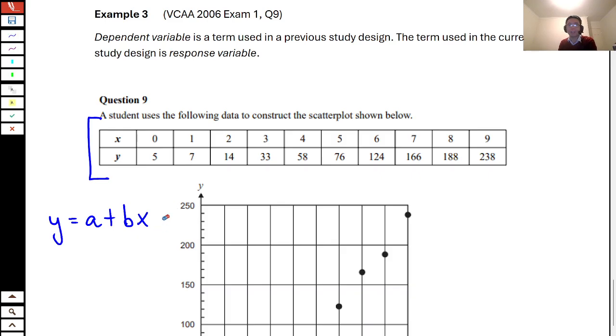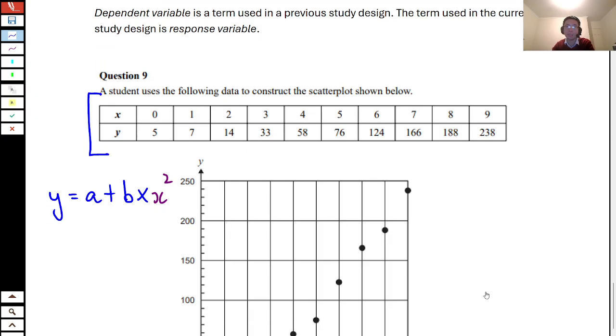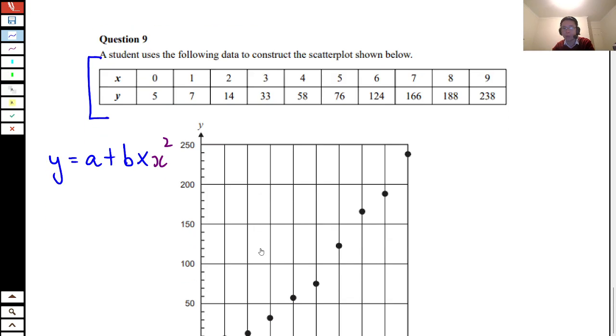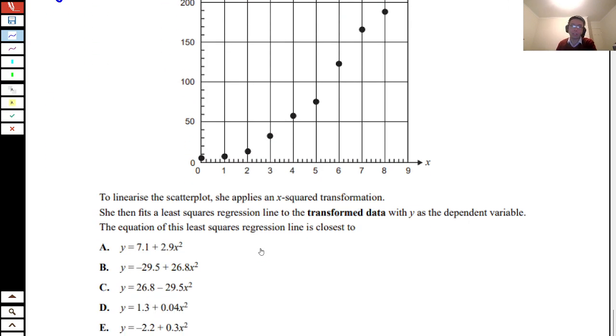Please note that unlike the last 2 examples, this time the x squared variable is getting the transformation and not the y variable. So I'm going to leave it to you as an exercise to confirm that you can carry out the transformation correctly with the x variable squared instead of y. And if you do this correctly, you should get option A.